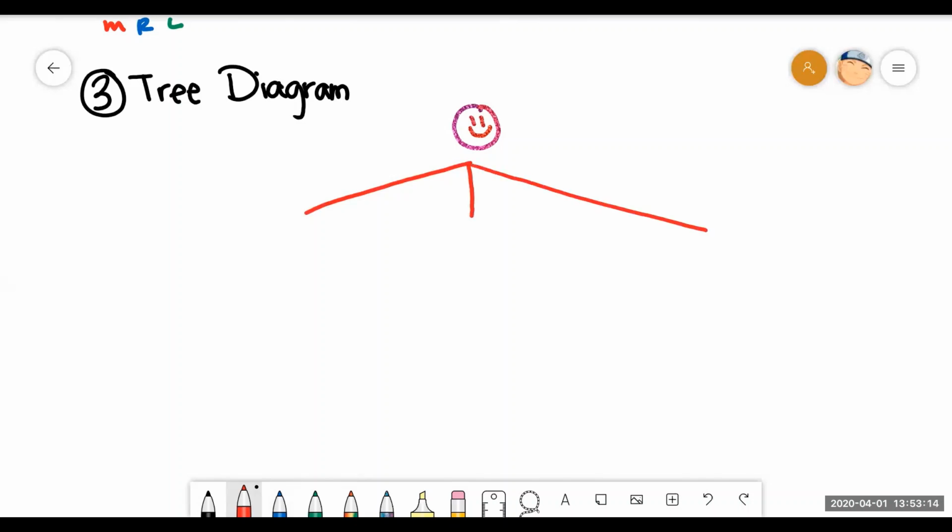I've got mozzarella sticks. I've got chips and salsa. And then I've got salad. Okay, those are my 3 options for appetizers.